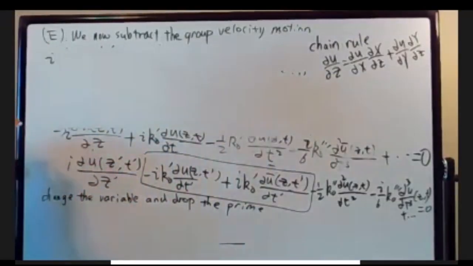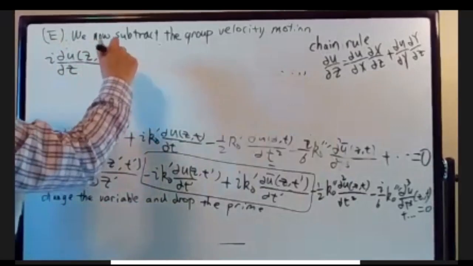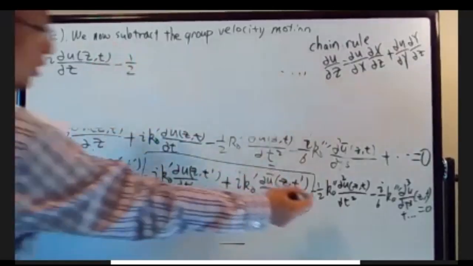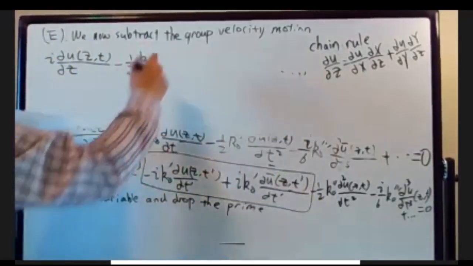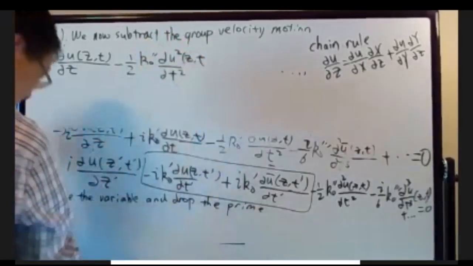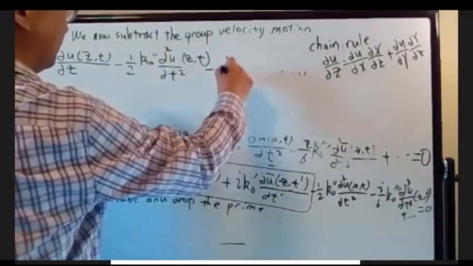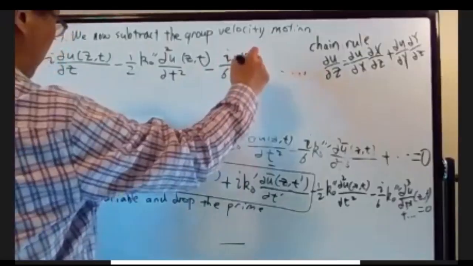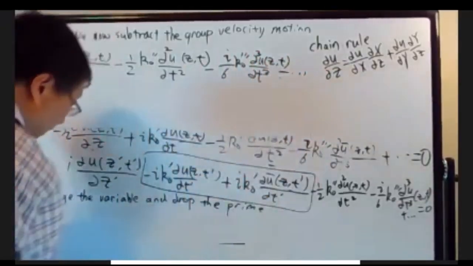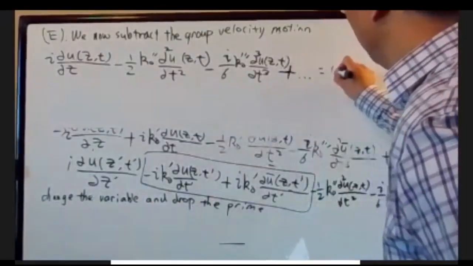So what we have is I partial u partial z of z,t, minus half, and we'll copy from here, k naught double prime partial squared u partial t squared of z,t, and this square should be on the right hand side, minus 1/6 I k naught triple prime partial cubed u partial t cubed of z,t, and all the other terms equal to 0, right?